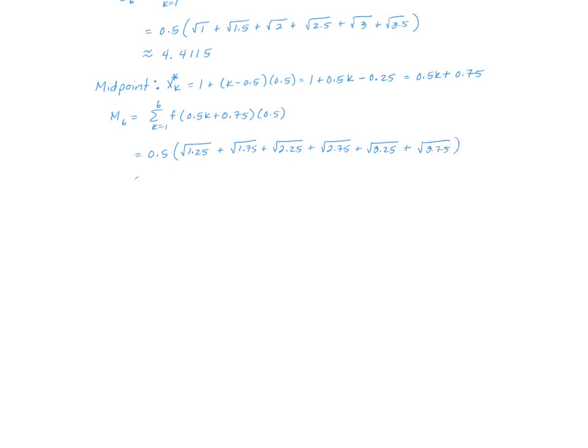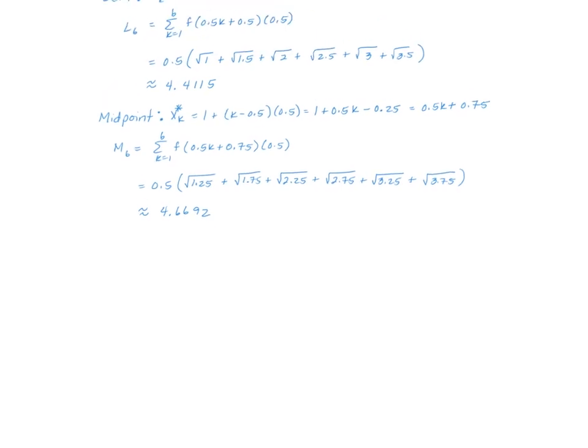So again, putting all of this inside the calculator, I have 4.6692. So I needed to make a conjecture about the area under the curve.